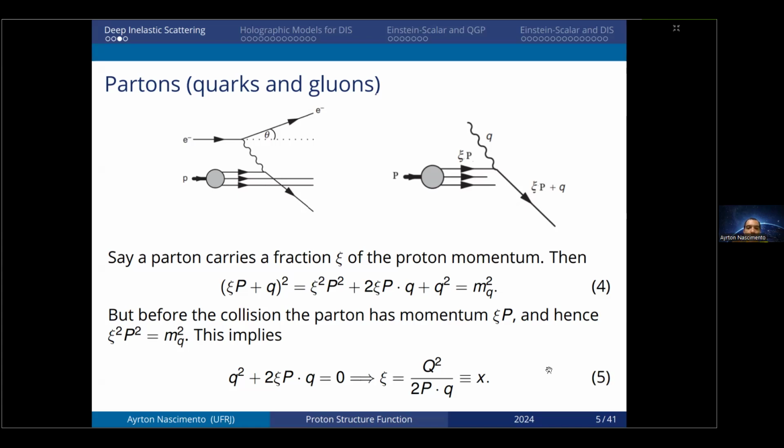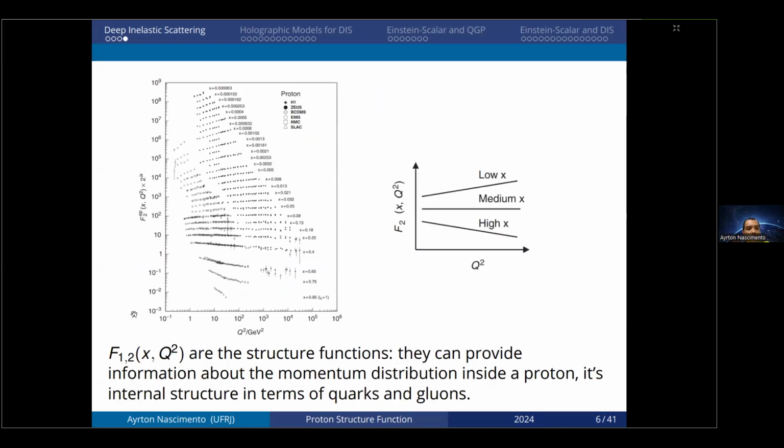What we can conclude is that these functions, f1 and f2, carry information about how the momentum is distributed inside the proton. This is really nice because it gives us information about the internal structure in terms of quarks and gluons. Back then, people didn't call them quarks and gluons, but nowadays we can see how these functions give information about the internal structure of the proton, the distribution of momentum inside a proton or a neutron, and how it is distributed inside.